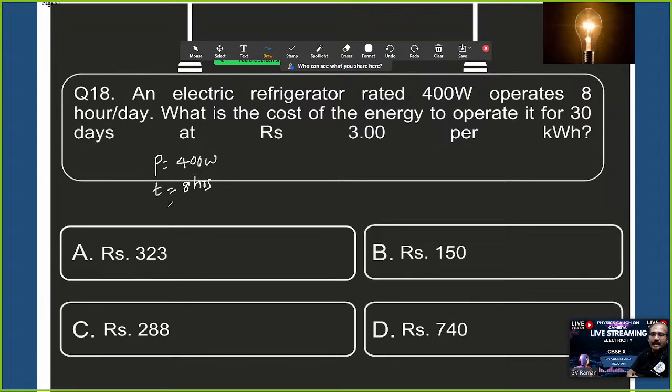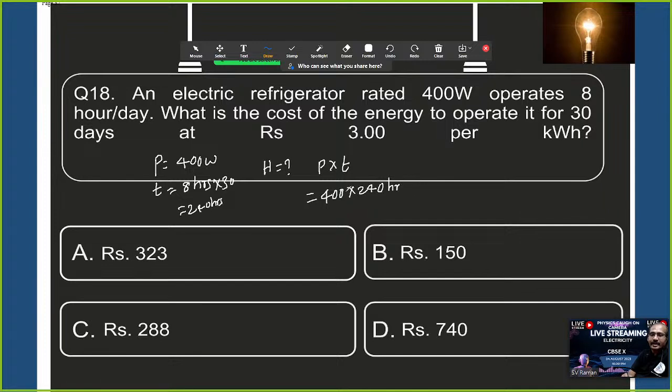Now what they're asking? Cost of energy. Finally, we need to find out energy. H value how much? For 30 days. Time 8 hours per day for 30 days, totally 240 hours. Now, as you know, H is equal to P into T. P value how much? 400 watt. Time 240 hours.